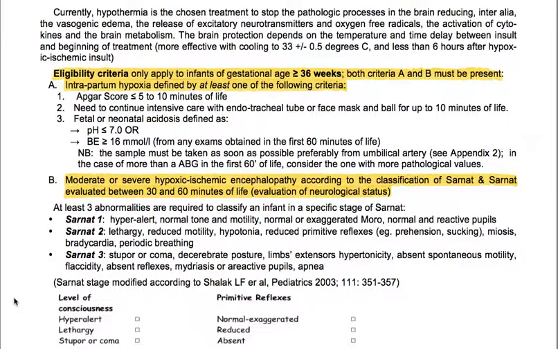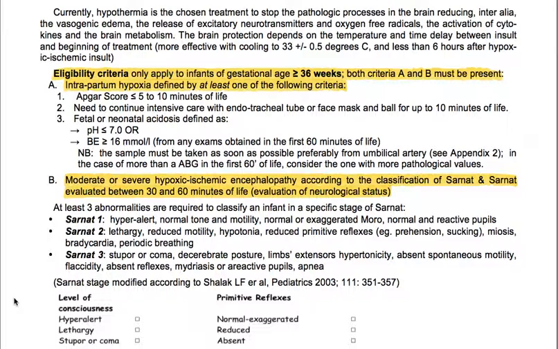The second criterion is moderate or severe hypoxic ischemic encephalopathy according to the classification of Sarnat and Sarnat, evaluated between 30 and 60 minutes of life. Evaluation of neurological status: at least 3 abnormalities are required to classify an infant in a specific stage of Sarnat. Sarnat 1: hyperalert, normal tone and motility, normal or exaggerated motor response, normal and reactive pupils.